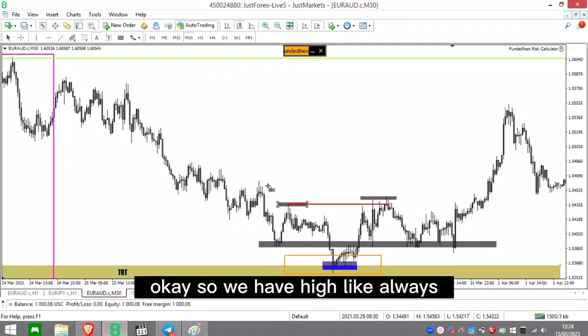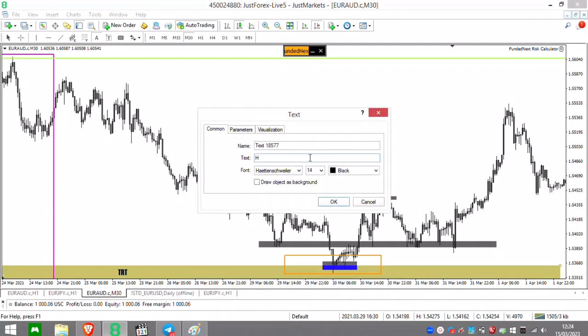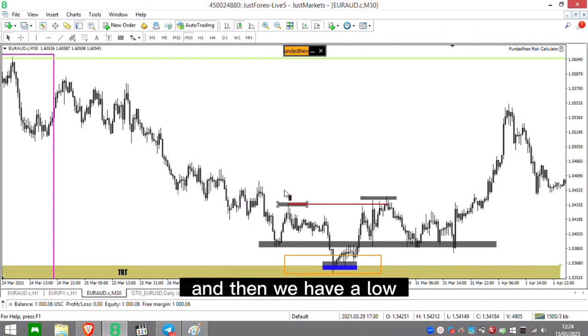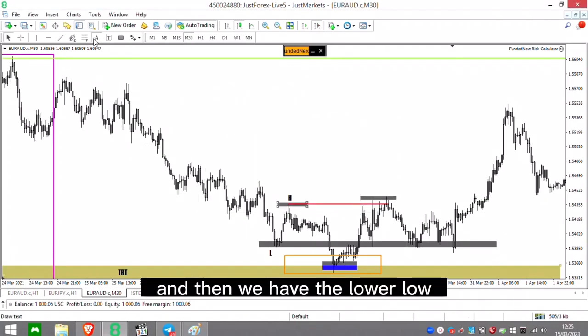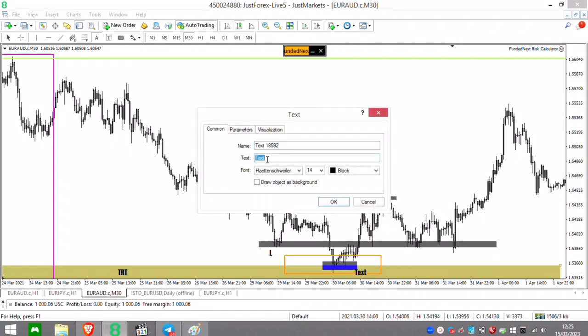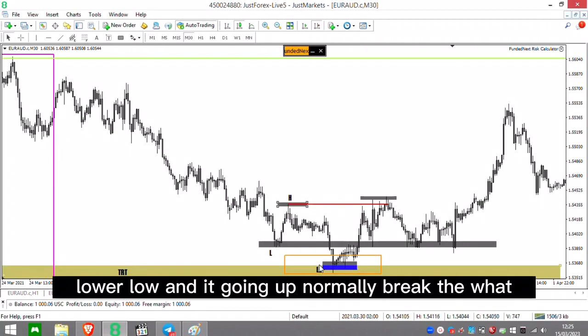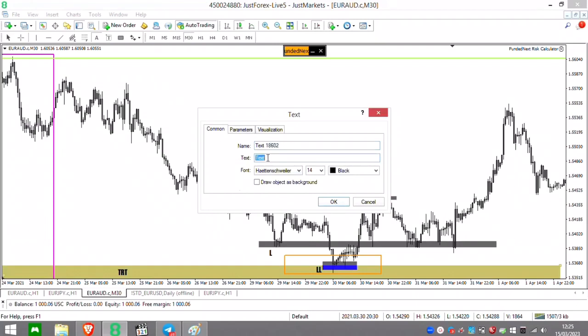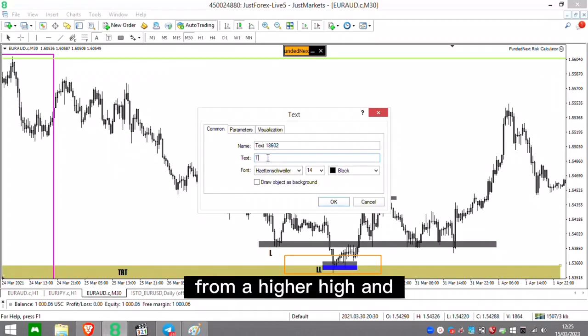Okay, so we have a high like always, and then we have a low before the high, and then we have the low, and it goes up from a leg, breaking the previous high, the previous wick, the height of the wick, forming a higher high.